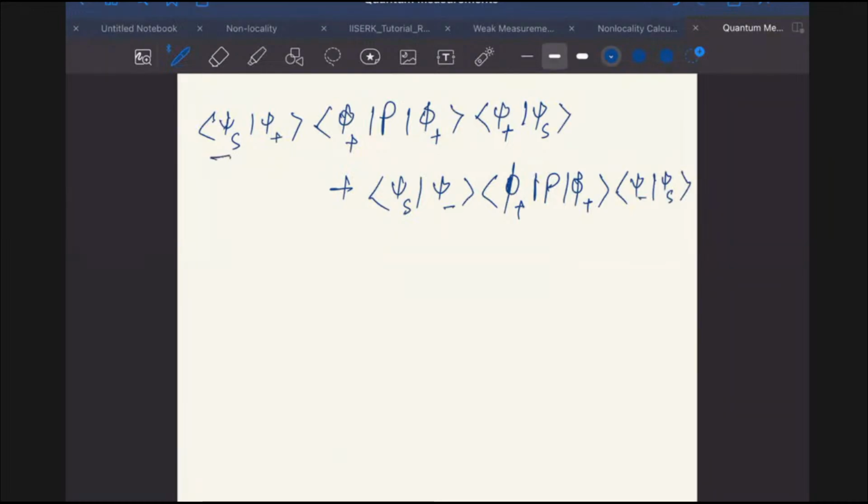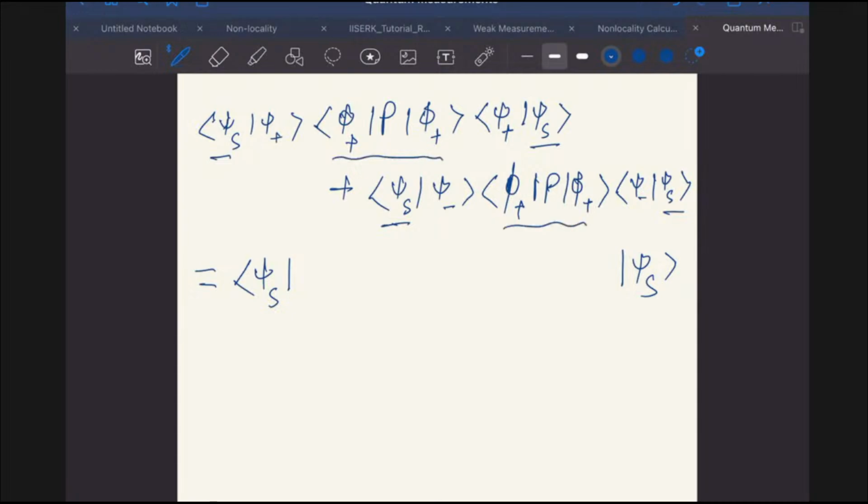See, psi s is there, psi s is there, psi s is here, psi s is here. So I can take psi s all over this operator residing inside. I'm taking it outside from the whole thing. Also this is a number, right?